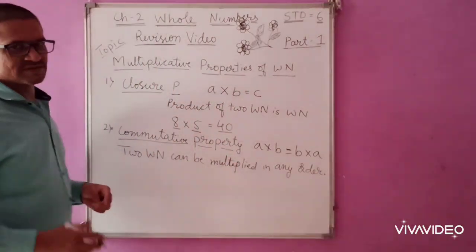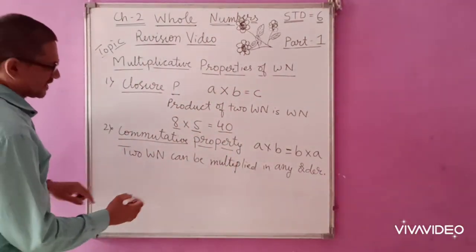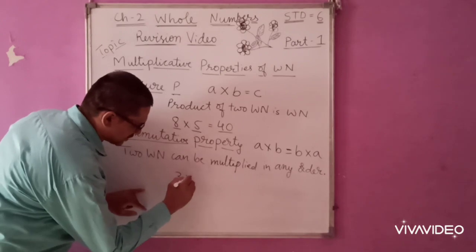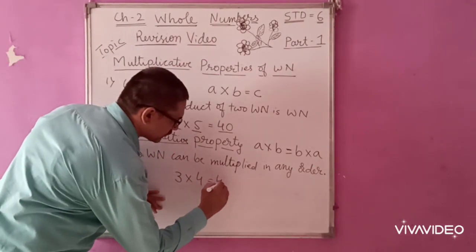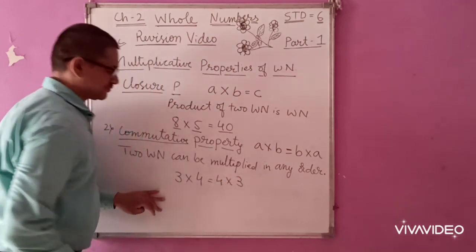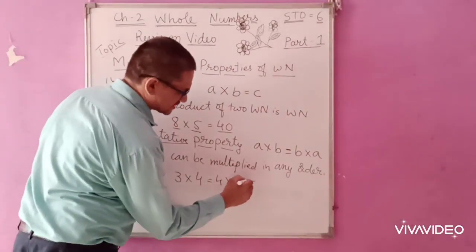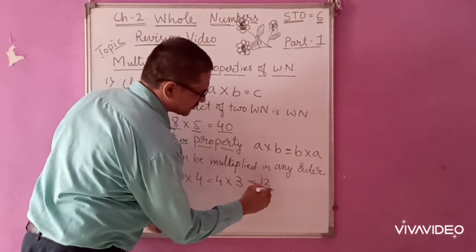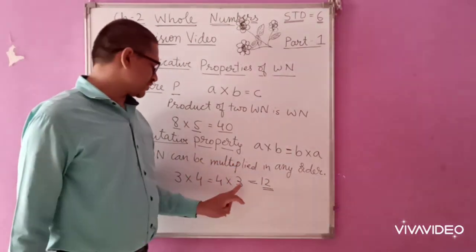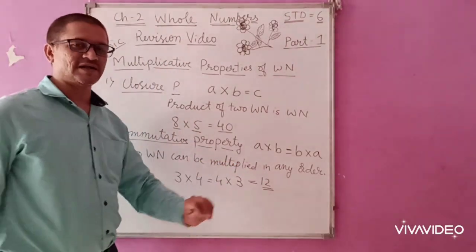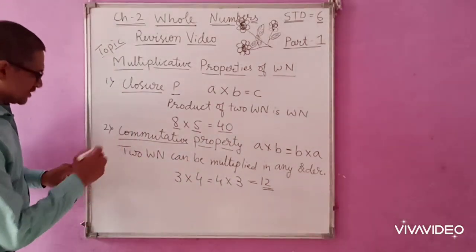Any order means you can multiply either first. As an example, 3 into 4 is the same as 4 into 3. So both the answers are equal to 12. 4 3s are 12, 3 4s are 12. So both the answers are the same.